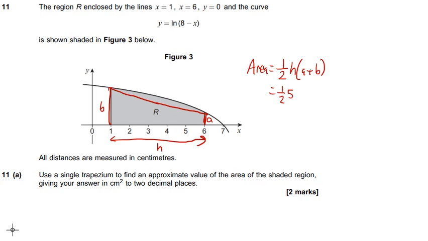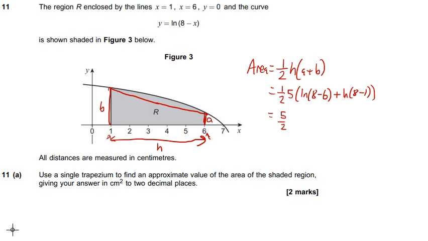And then a plus b, well, these are just the values at each end. So at the right hand side, we're going to have the log of 8 minus 6. So I'm just putting the values of x at these two ends back into the function. And for b, I've got ln of 8 minus 1.